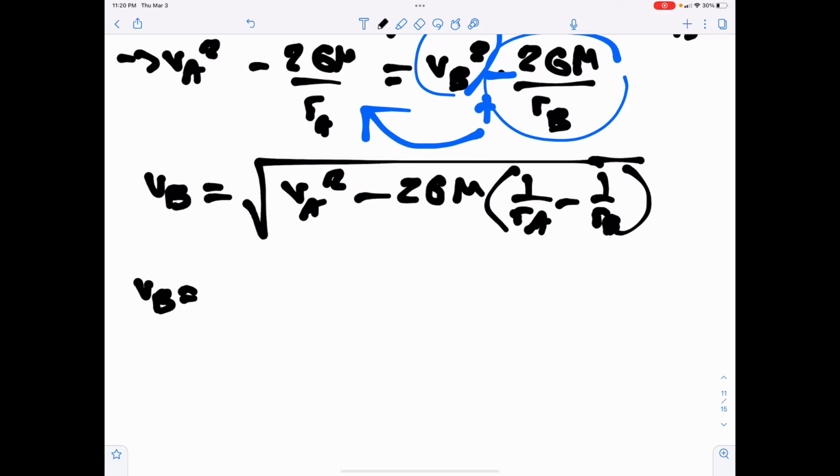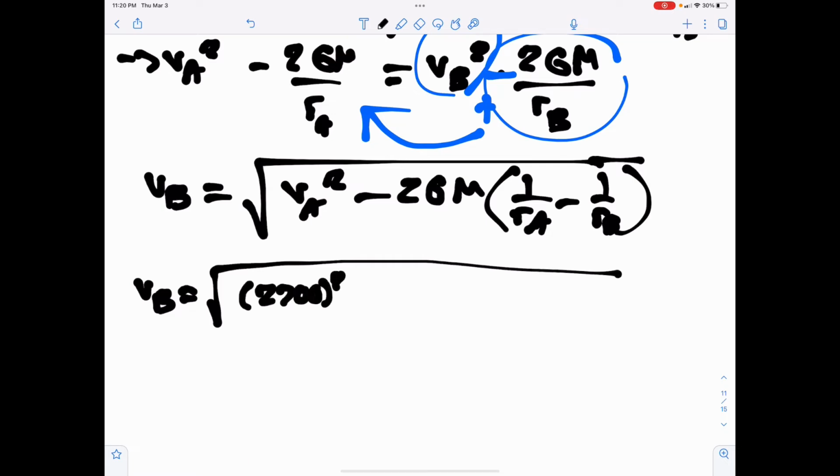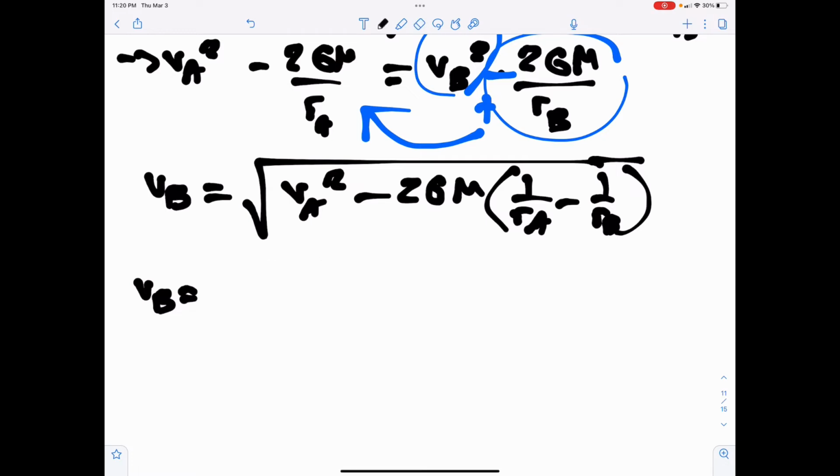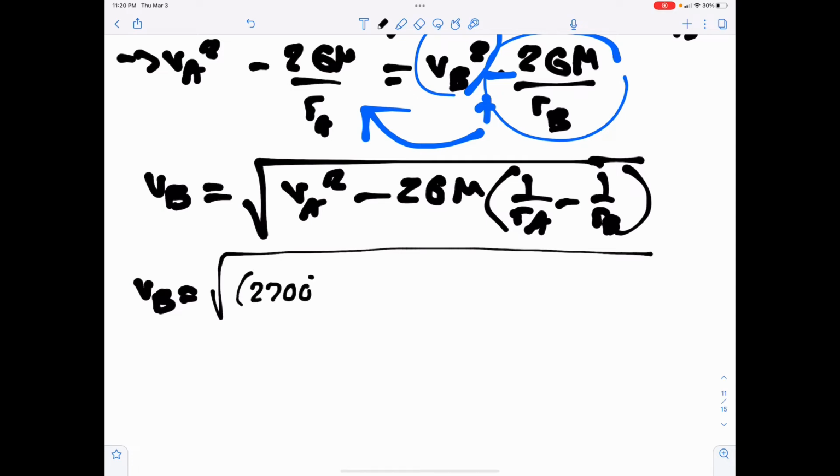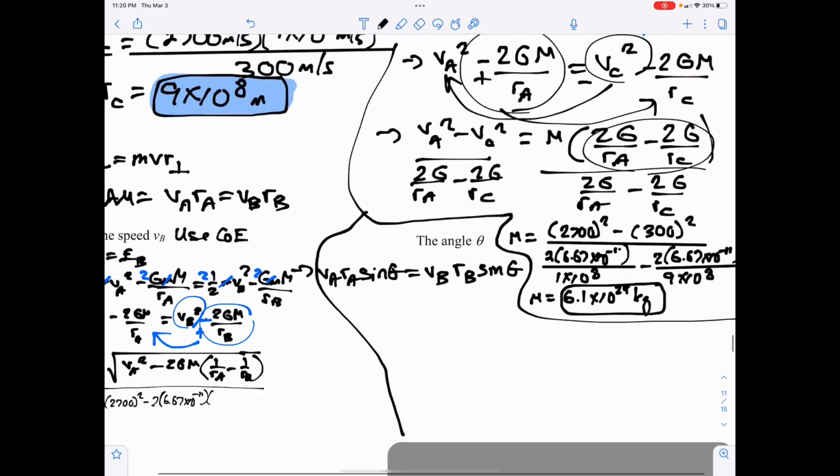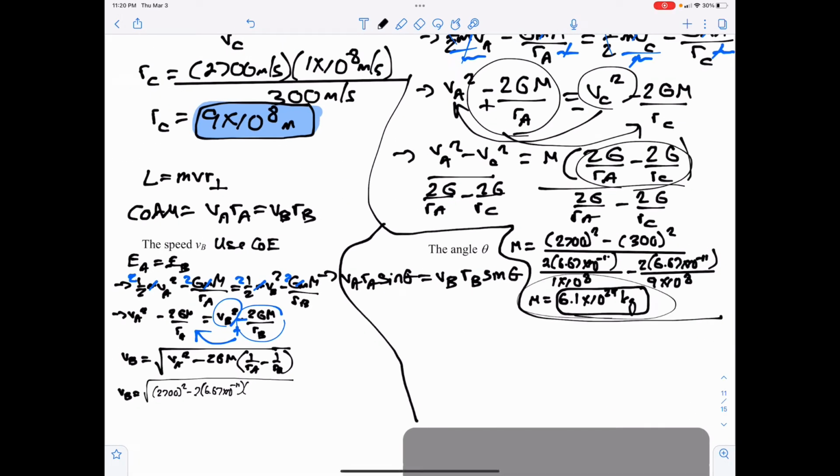Okay, so VB would be 2700 squared minus 2 times 6.67 times 10 to the negative 11 times the mass. Remember, we figured out the mass in the previous part of the problem. It's about 6.1 times 10 to the 24.